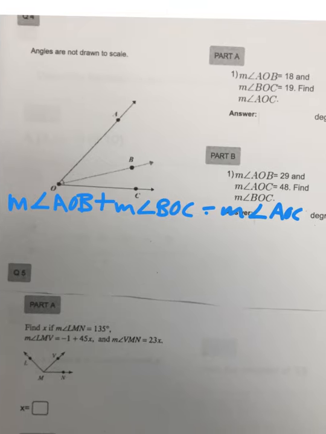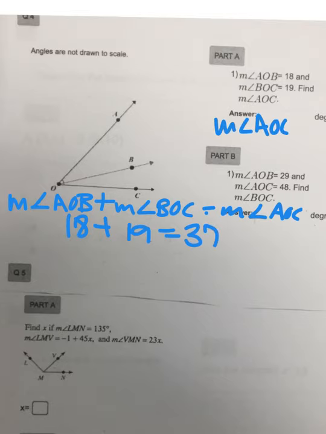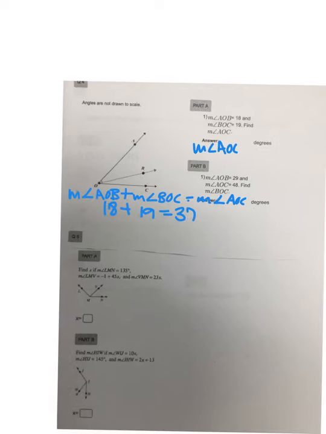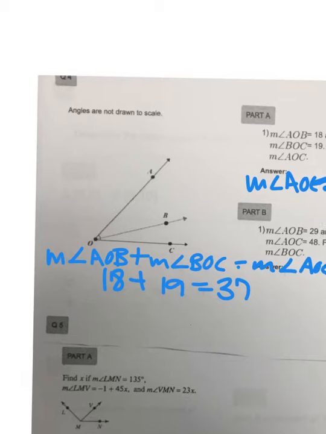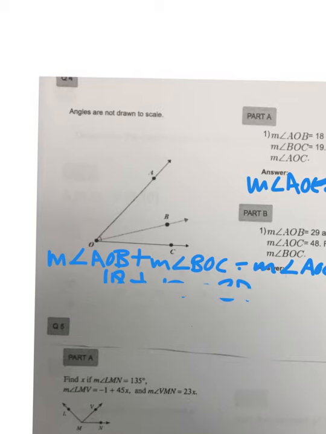Okay. I know that AOB is 18, BOC is 19, so AOC must be 37. Okay, so the measure of angle AOC is equal to 37 degrees. All right, then I use the same equation for number 2. I know that AOB is 29.